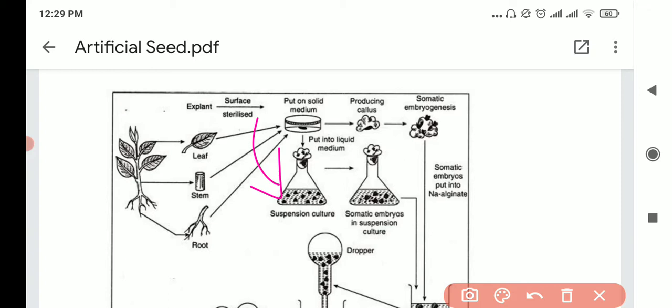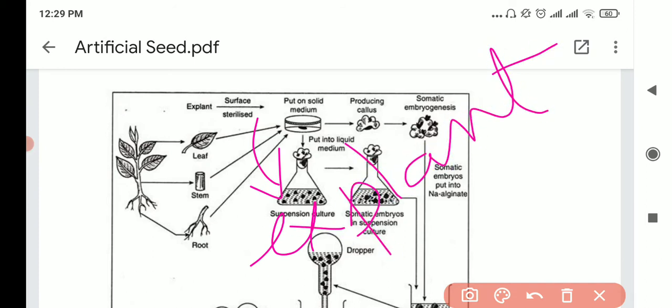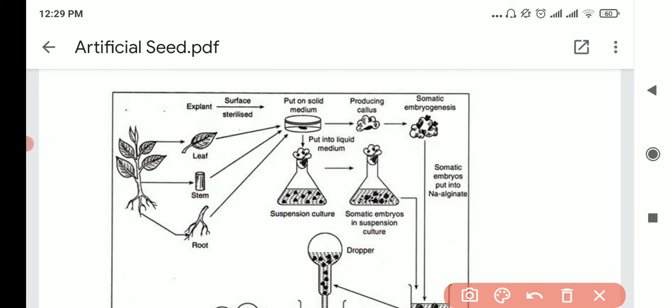When we say the word explant, it means when we excise and take a part of the plant, that is an explant. It's not yet an embryo, still an explant. If you are working in a laboratory, you will do only a few on one solid medium, because maybe you're studying how it behaves according to light or temperature. But if you're working in an industry, you need lots, so they keep it in a liquid medium.